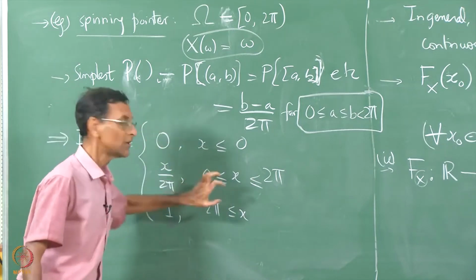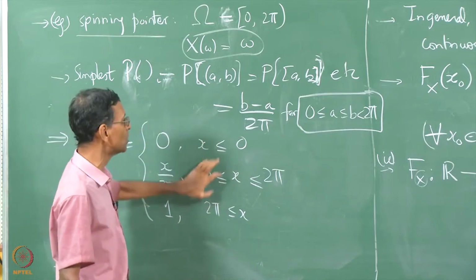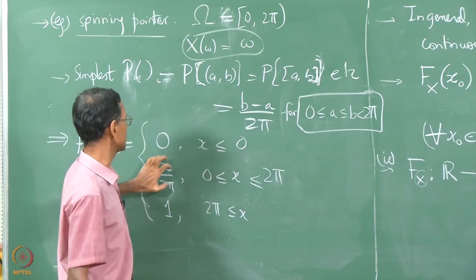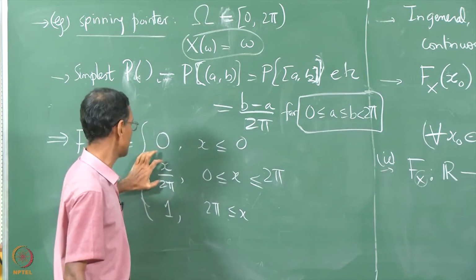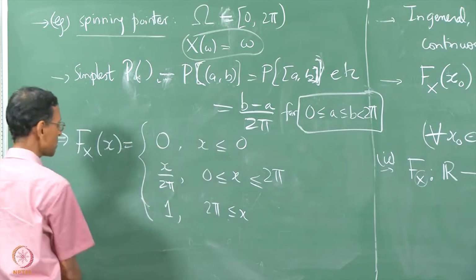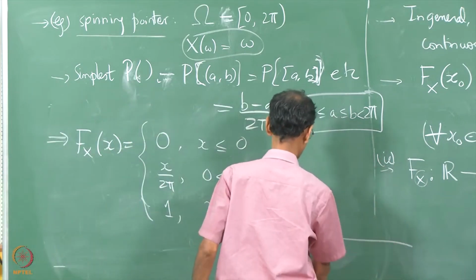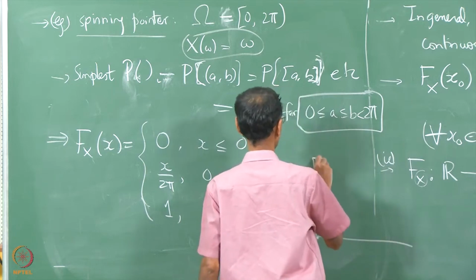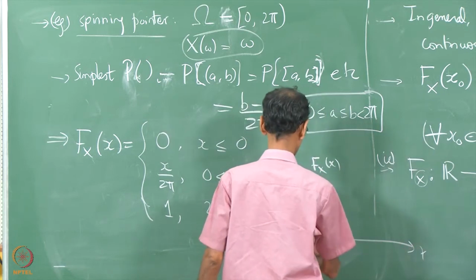I think it is better, for our understanding's sake, to appreciate that it is a continuous function. So even though you are defining it as 3 different pieces, they are all continuous. Essentially it looks like a simple ramp. It goes like this.